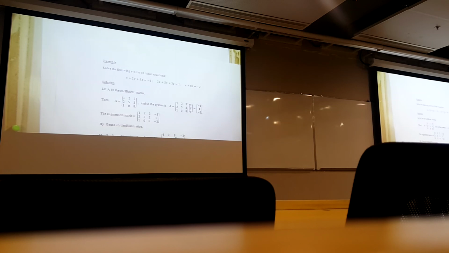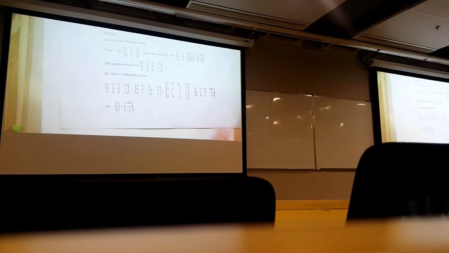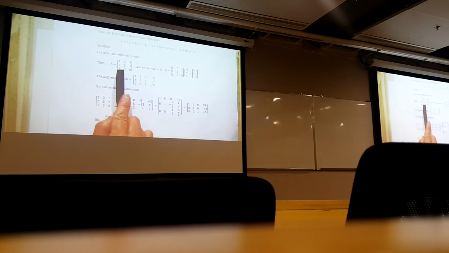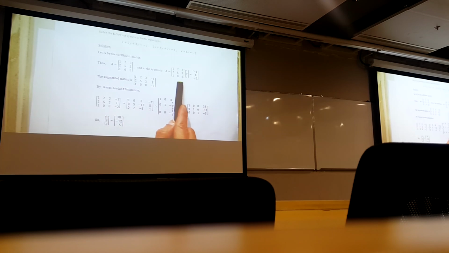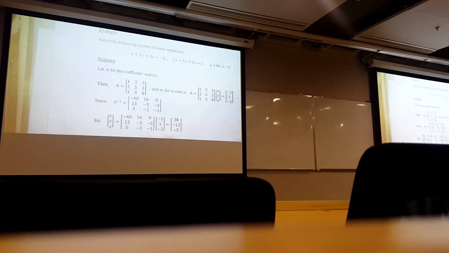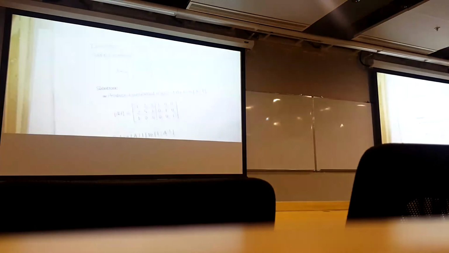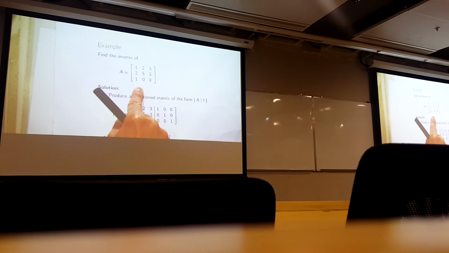Okay? We can write in this way, and by using this way, if we can find the inverse of this coefficient matrix, we multiply both sides by the same inverse. The left hand side, this is the inverse, which is the same as what we saw before, the same one. Okay?